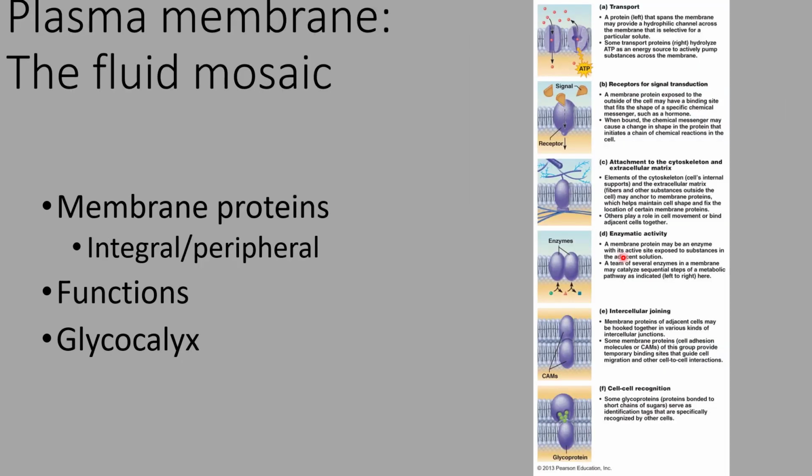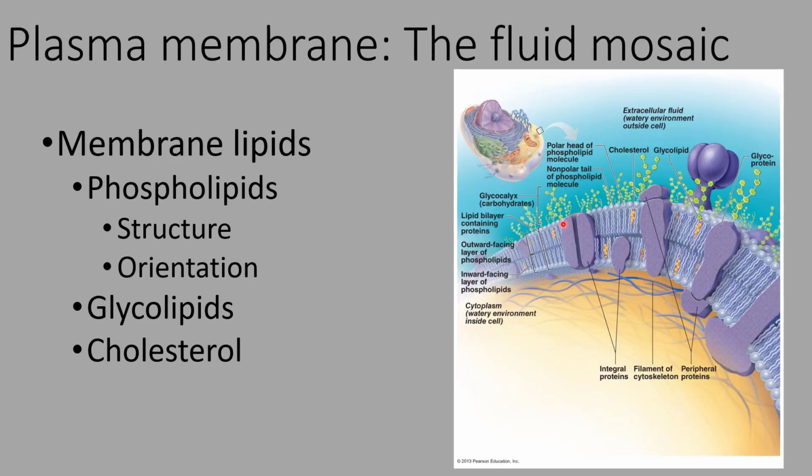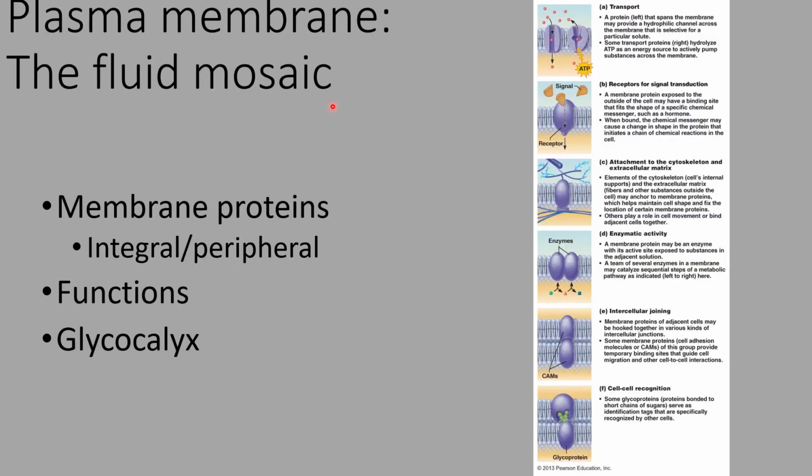But there are other things in the plasma membrane. We can see all these purple guys. These purple guys are different types of proteins. So let's look at the membrane proteins of the fluid mosaic. There are two types.